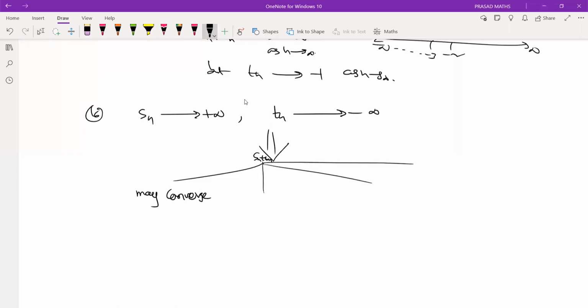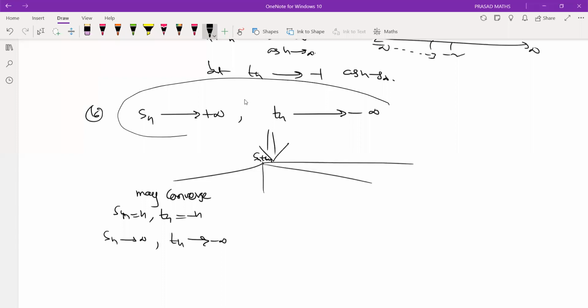Example, suppose you take Sn equals n and Tn equals minus n. Clearly we observe that Sn tends to plus infinity and Tn tends to minus infinity, so the hypothesis is satisfied. You just need to verify whether Sn plus Tn converges or not.